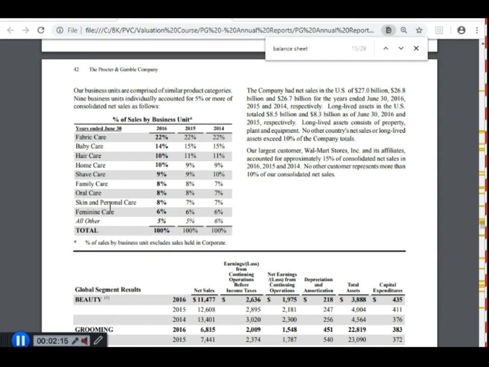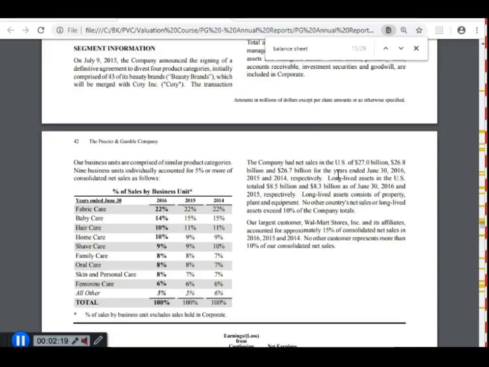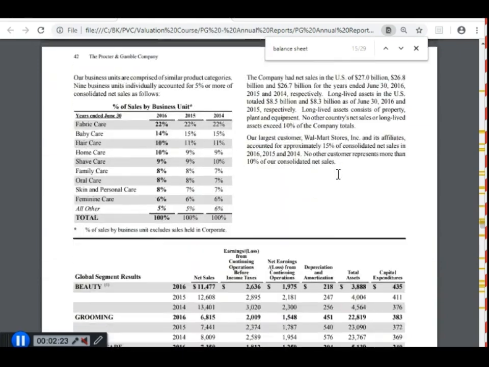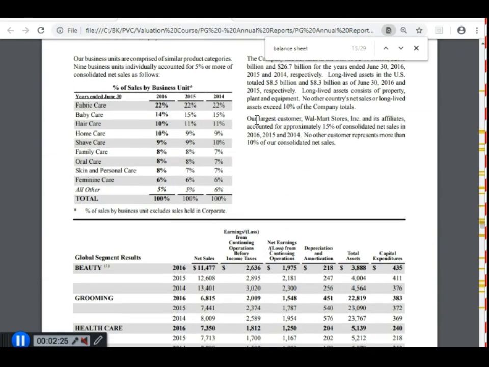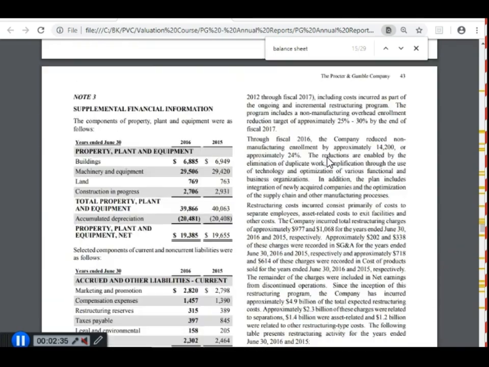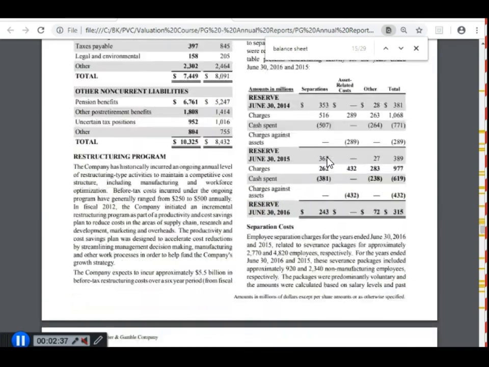In addition, we can also find out any large customers to which sales are being made. All this is segment information, and in segment information, you can find out what is happening in different segments, what the size is, whether the size is increasing or decreasing, and who the largest customers are. So at this stage, you only find out how the sales are being formed.